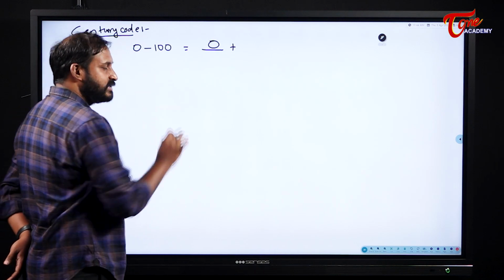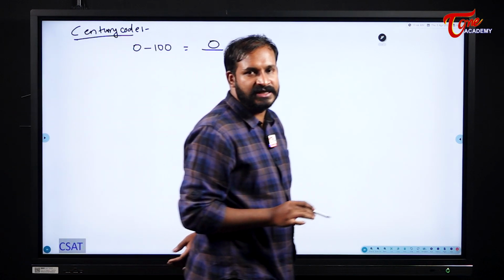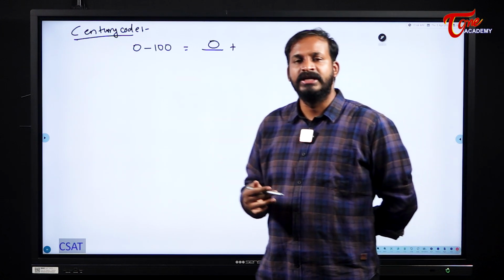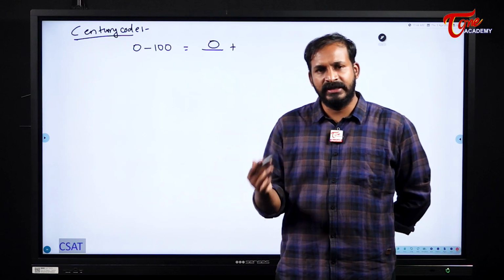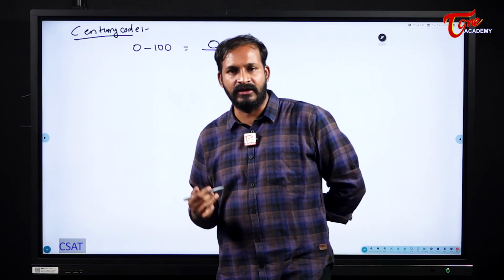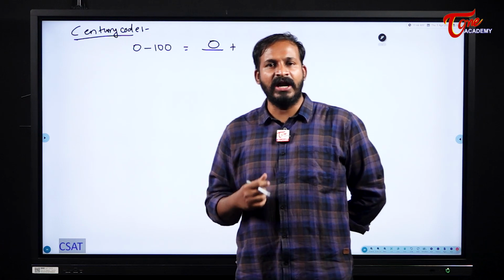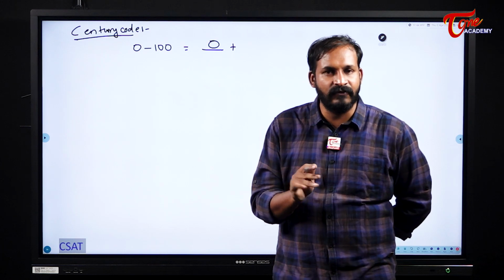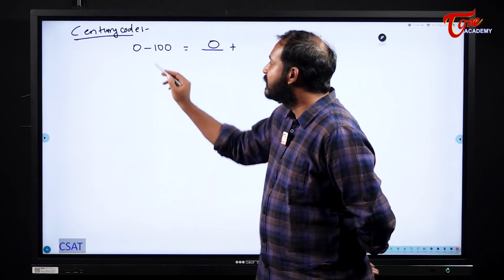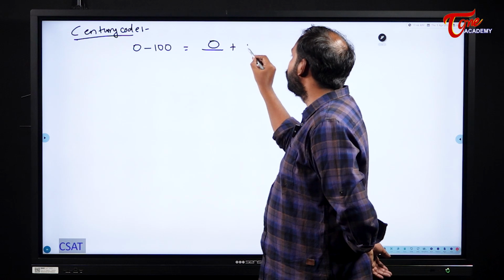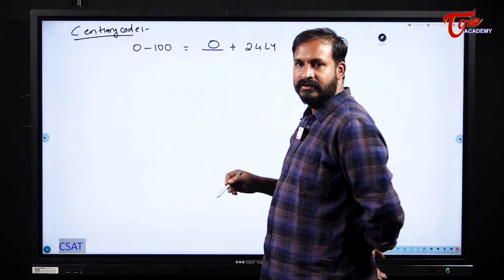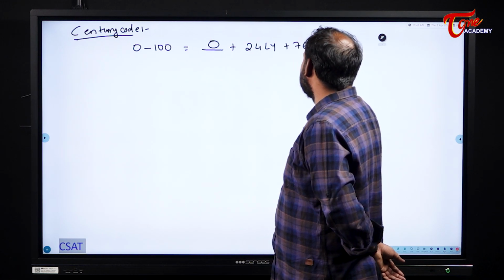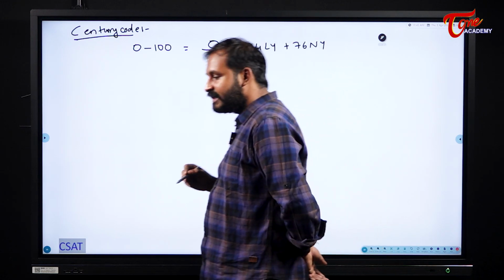Now in these 100 years, how many leap years and non-leap years will I have? Generally you will do 100 by 4 and think that's 25 leap years and 75 non-leap years. But what actually happens here is 100 is not a leap year. We know 100 is divisible by 4, but 100 is not a leap year. That means from 0 to 100 years, we will have only 24 leap years and 76 normal years.